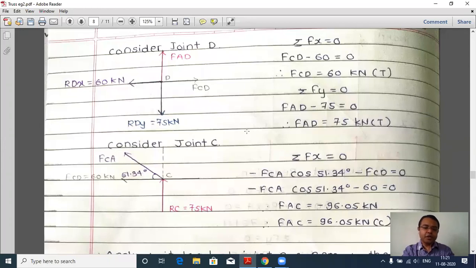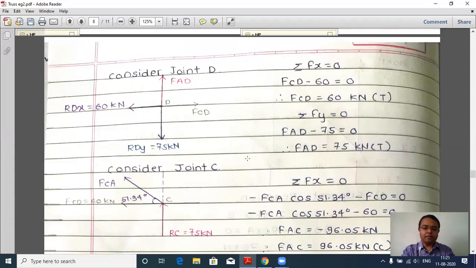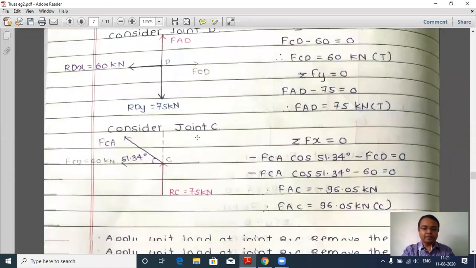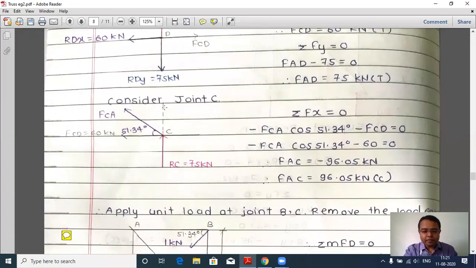Next, consider joint C, that is the free body diagram of joint C. Just come to the problem. So this is joint C. Cut this portion, showing whatever members and forces are meeting at joint C. That means we are drawing the free body diagram of joint C. At this joint C, a reactive force is there and two members are meeting.